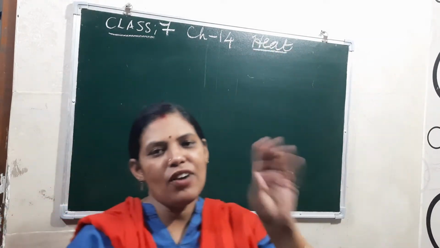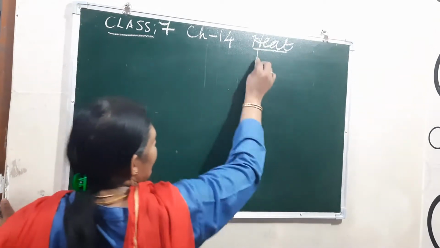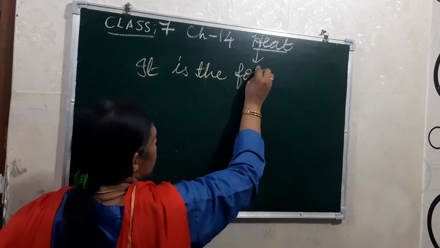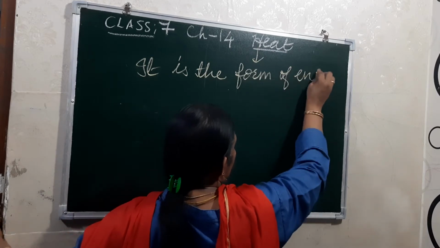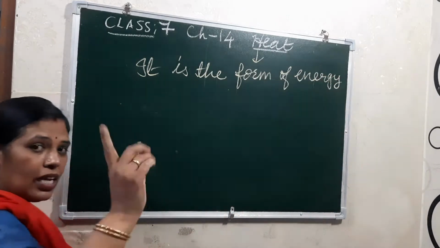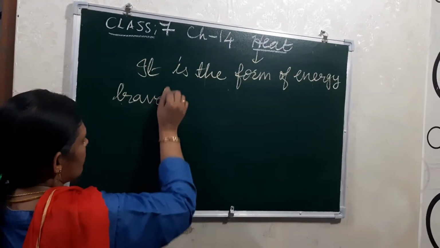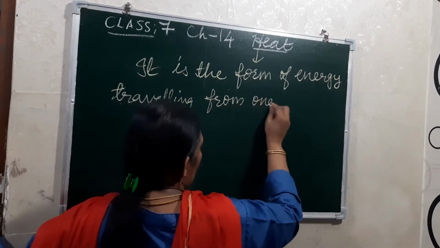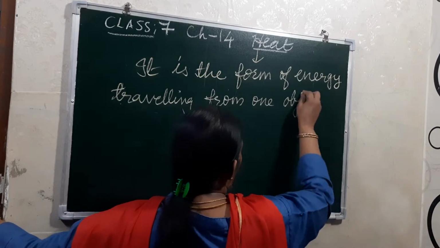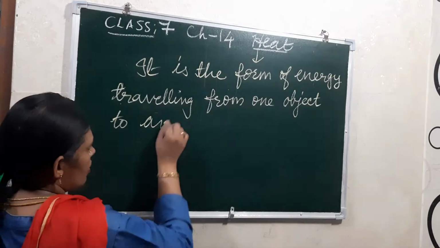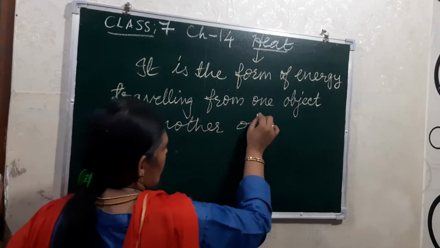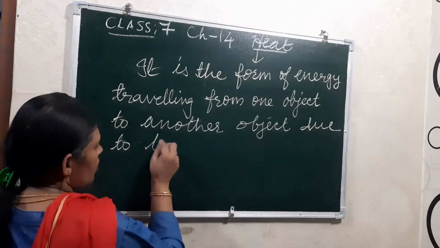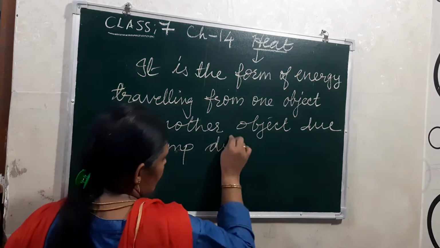Now, children, how can we define heat? Heat is the form of energy traveling from one object to another object due to the temperature difference.